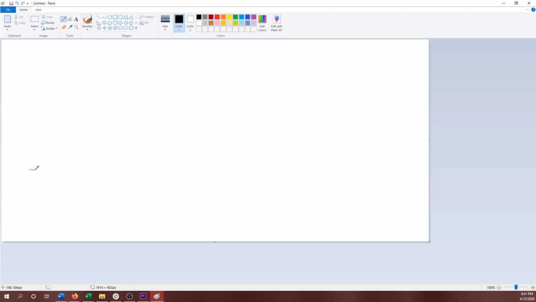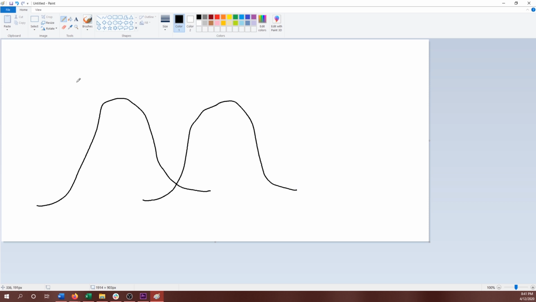A lot of people think that it's the probability that two means are different from each other. So these are two groups. We can say this is the placebo group, and this is our 10 milligram group.